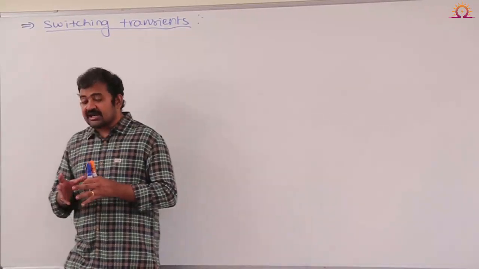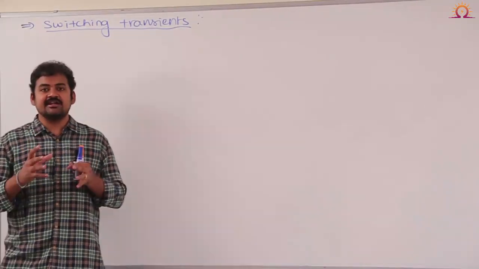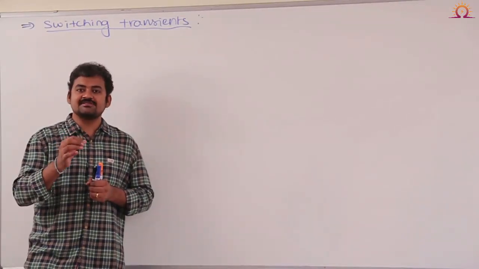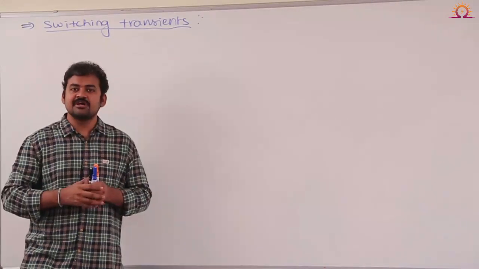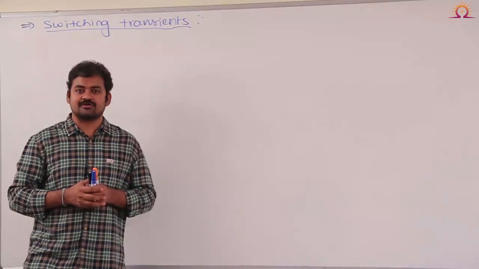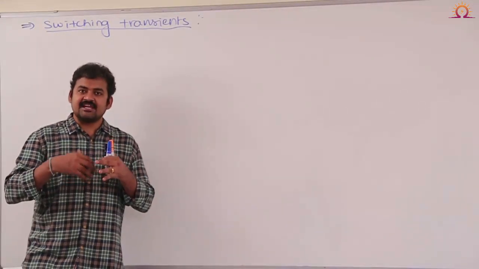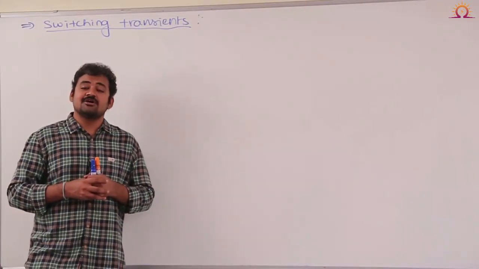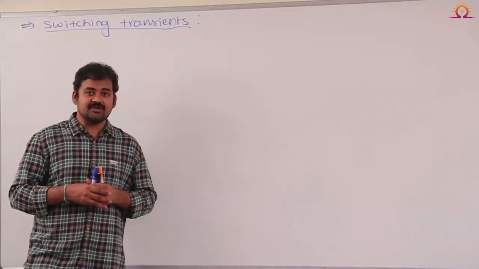First tell me, is a transformer a highly inductive circuit or a highly resistive circuit? Yes, a transformer is a highly inductive circuit with a small resistance offered by the winding of the transformer. We know the self inductance of the transformer is really high, because we are using a very high permeability core.